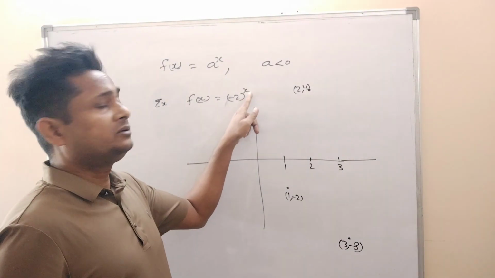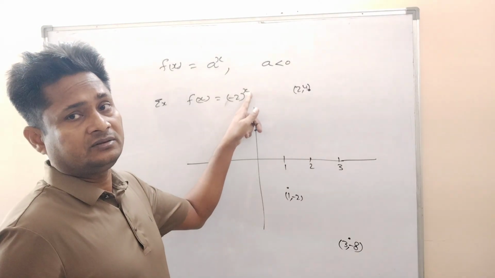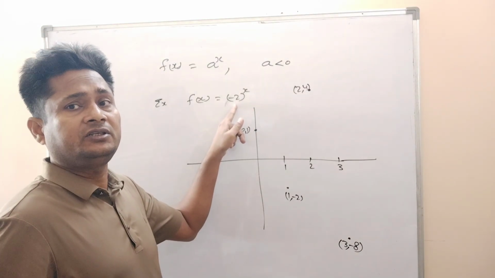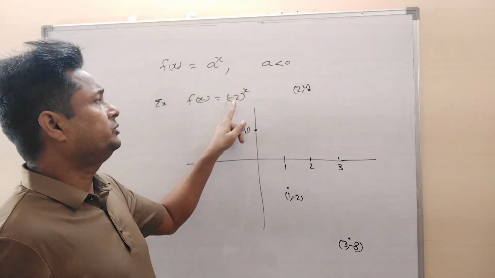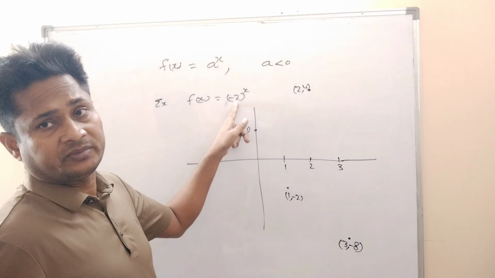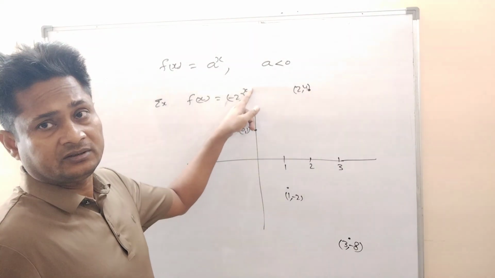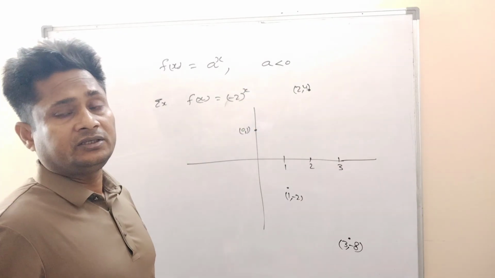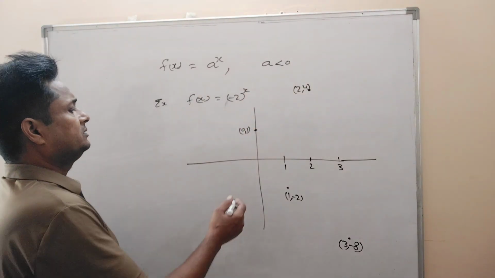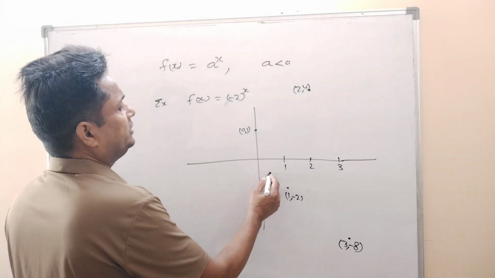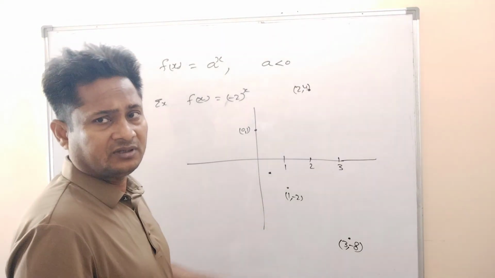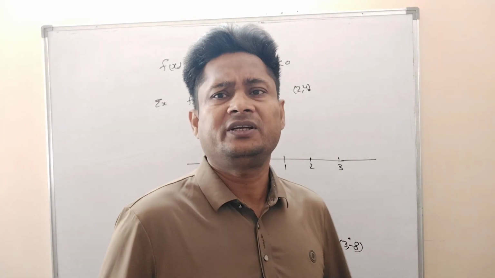If you put x equal to 1 by 2, it will give an imaginary number. If you put x equal to 1 by 3, it will be (-2) to the power 1 by 3. So the graph will be just some arbitrary graph.